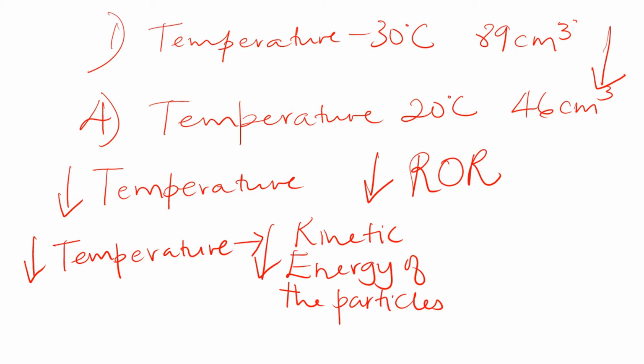And then this would lead to a decrease in the frequency and the energy of the collision. So not only the frequency of the collision will decrease, but the energy by which they collide would decrease also.